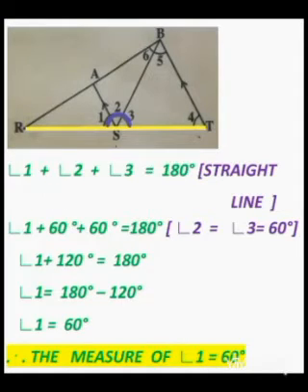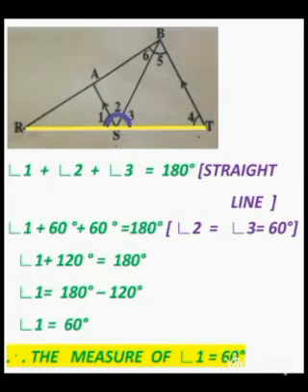We got angle 2 is equal to angle 3 is equal to 60 degrees. So let us substitute angle 2 is equal to angle 3 is equal to 60 degrees in this equation. So angle 1 plus 60 degrees plus 60 degrees is equal to 180 degrees.